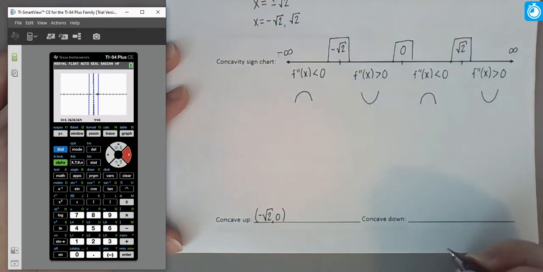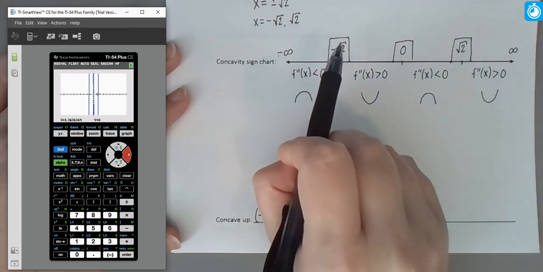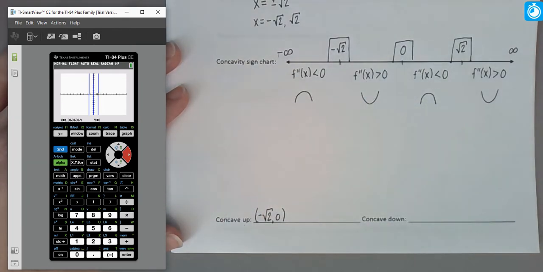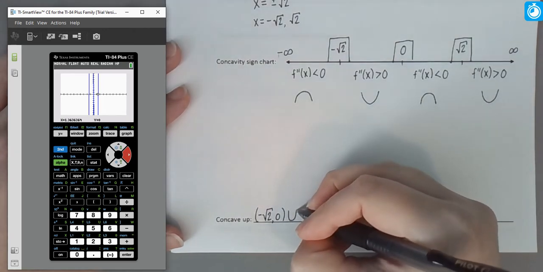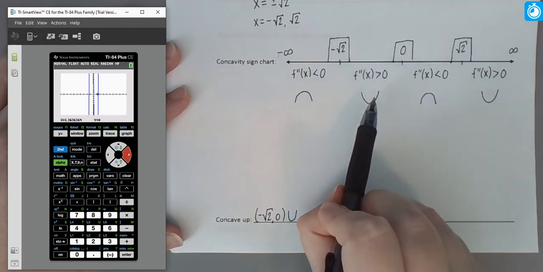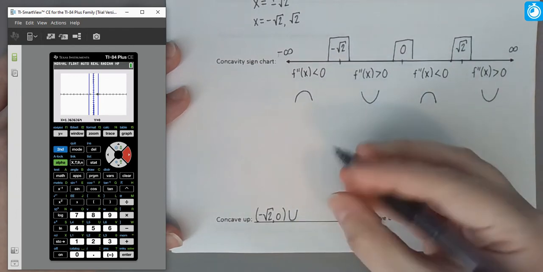Just like in classifying increasing and decreasing intervals, we don't use brackets, we use parentheses, because at those individual values they're breaking apart our intervals. Different things are going on. We're neither increasing nor decreasing. We're neither concave up nor concave down. So we are concave up over the interval from negative root 2 to 0, and then also from root 2 to infinity.